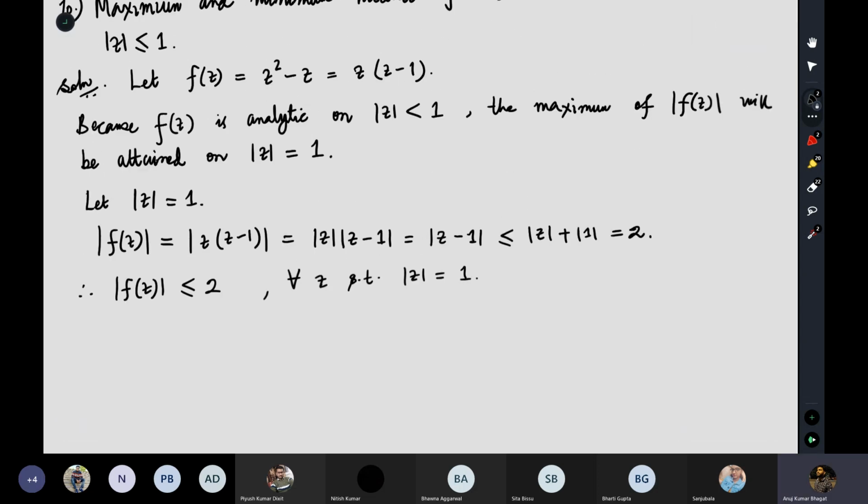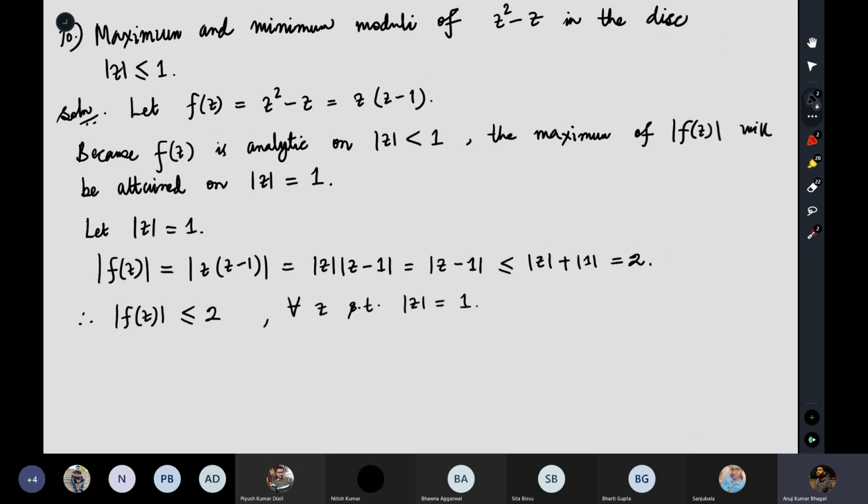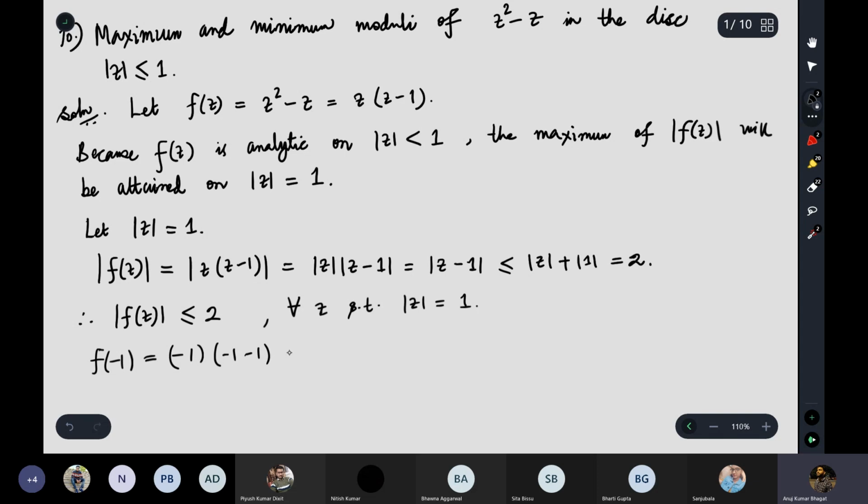So can I say the maximum is 2? The maximum will indeed be 2. I can show that because modulus of f(z) is less than or equal to 2. If I can find one point on the unit circle at which modulus of f(z) is 2, then we are done. So clearly we check minus 1. f of minus 1 is minus 1 into (minus 1 minus 1), which is 2.